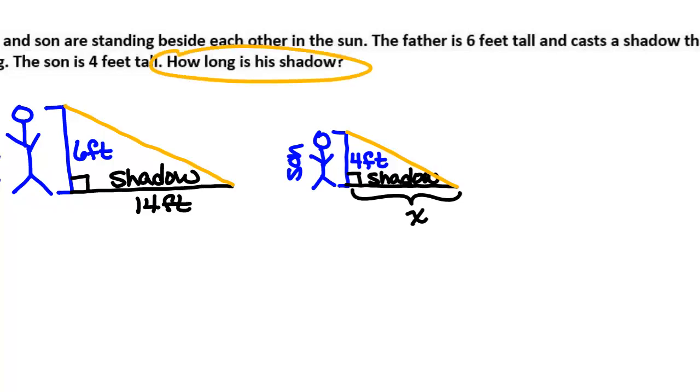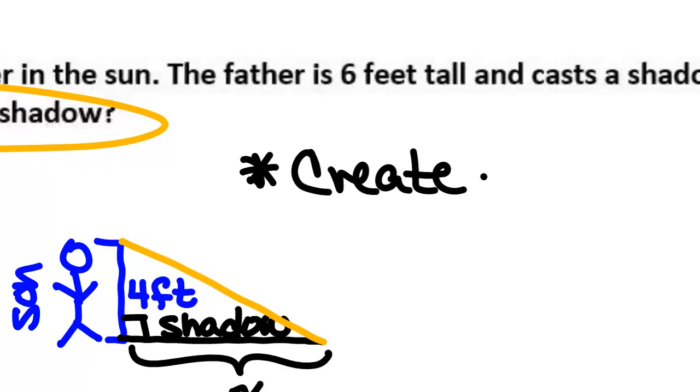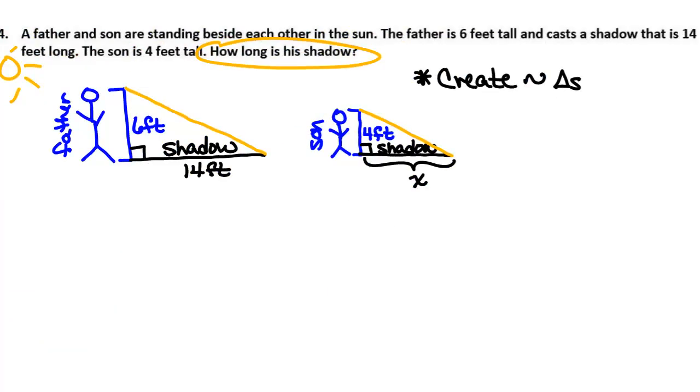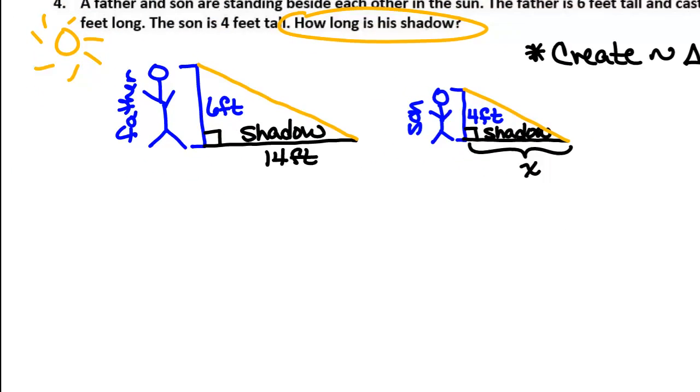So we're going to set up some proportions. These are similar triangles. The sun's rays are at the same angle for both the father and the son, and both the father and the son are making right angles with the ground. So I'm going to set up a proportion. Let's do x in one of our proportions, and that would correspond to what on the other triangle?